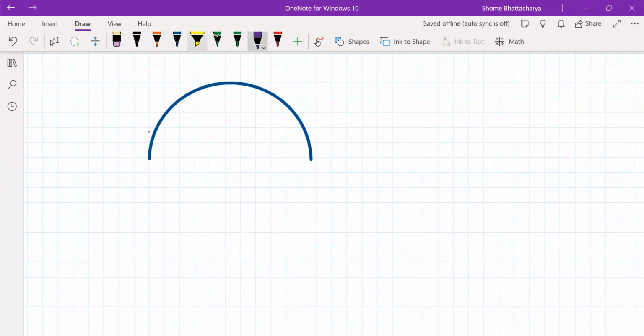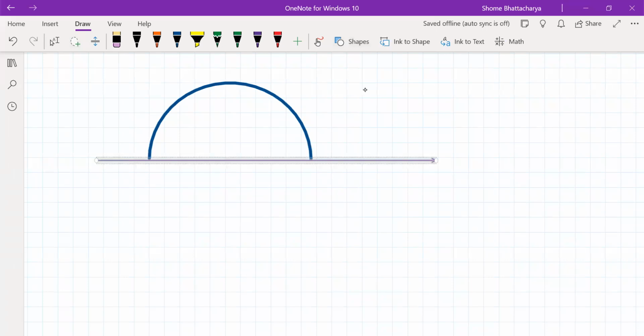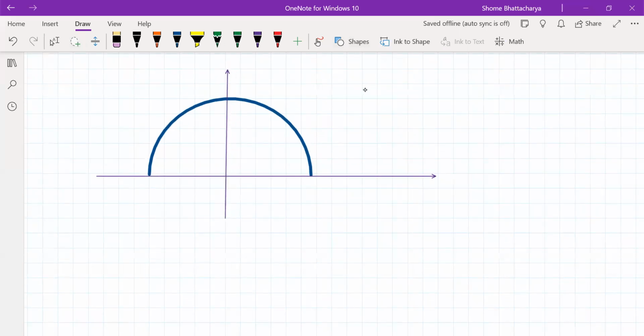Okay, so for our system, let's say we are taking this as our x-axis, and we'll take the center of curvature of the semicircular arc as our origin.